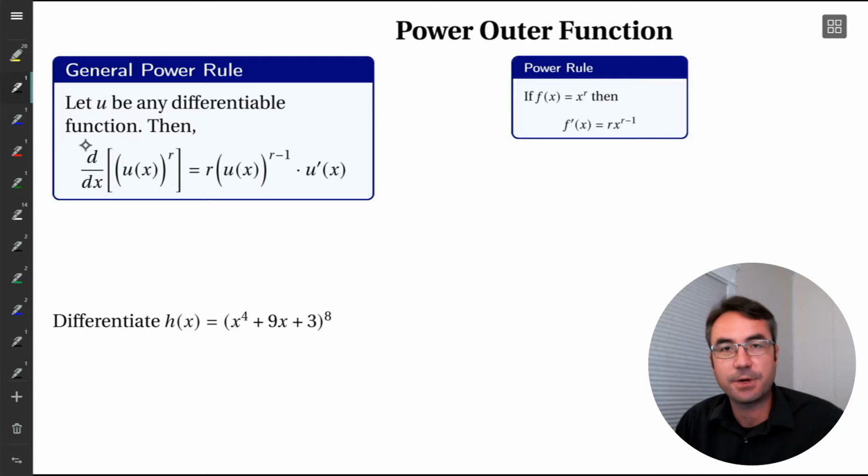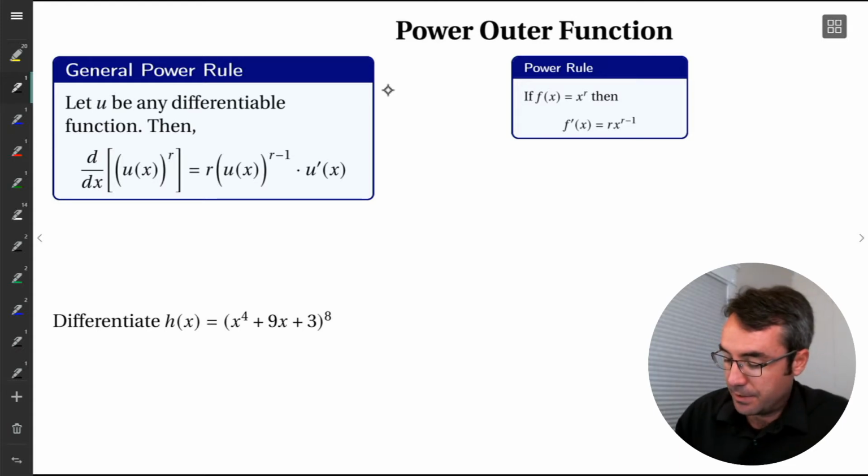Let u be any differentiable function, then the derivative of u of x all raised to the power r. And before we go any further, this is a composite function. There's an inner function, u of x, and an outer function, which is the power function.